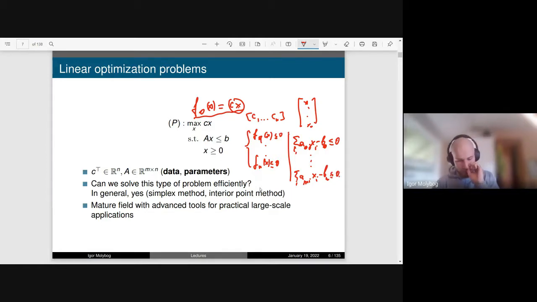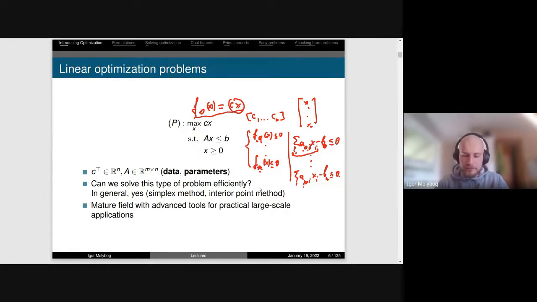So our functions f1 through fm are also linear functions, just because a0i and ami are also vectors, and this is basically a scalar multiplication of vector a with a variable vector x, which is also a linear function by itself. Therefore, we are saying that a linear optimization problem is a problem where the objective function and all of the constraint functions are linear functions in the variable.